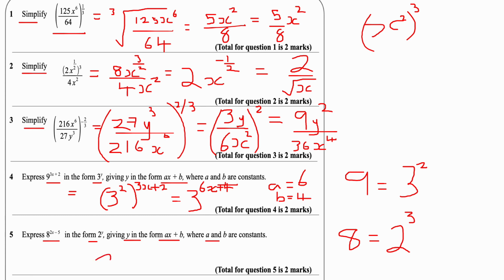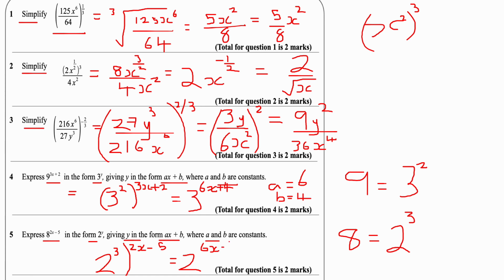So that's going to be 2 cubed, all raised to the power of 2x minus 5. And again, I just multiply the powers together. When you have a bracket raised to a power, you just multiply the terms or the numbers together. So 3 lots of 2x goes to 6x, and then 3 lots of negative 5 goes to minus 15.